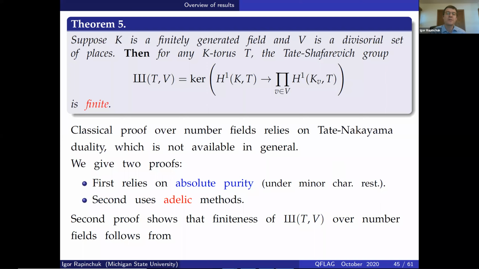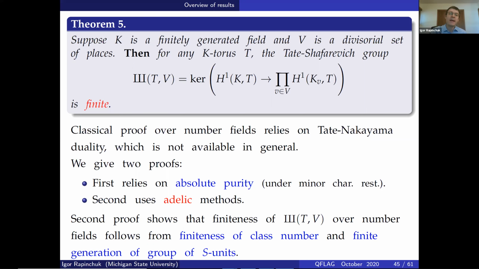Namely, it shows that the finiteness of the Tate-Shafarevich group over number fields can be established without the results of Tate and Nakayama, and instead ultimately follows from two classical statements of number theory, namely the finiteness of the class number and the finite generation of the group of units. So that was a bit of a surprise to us. So that completely resolves our conjectures for algebraic tori.